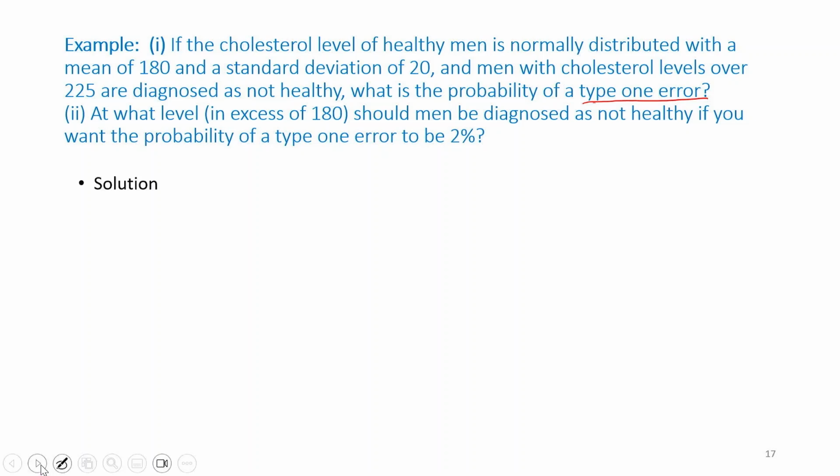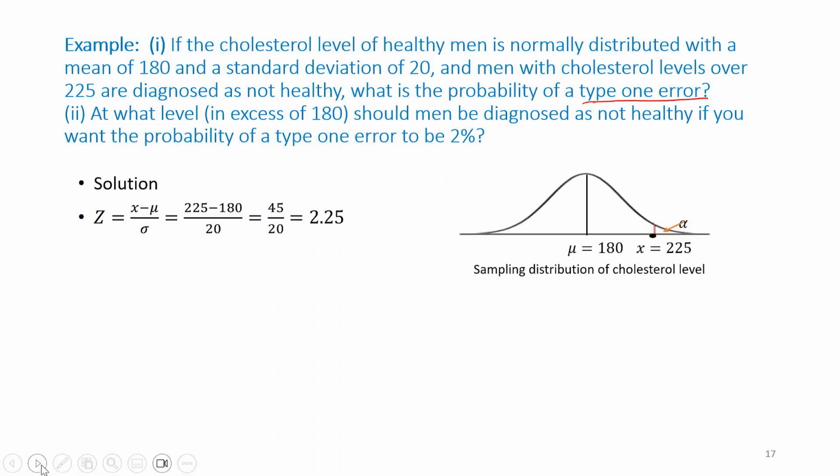For this, let us look at the solution. We calculate first what is the Z value. Because we need to know for 225, if I draw this graph, it's a normal distribution graph, the mu is given 180 and the sigma value is given 20.